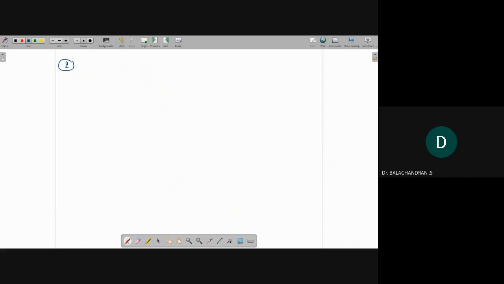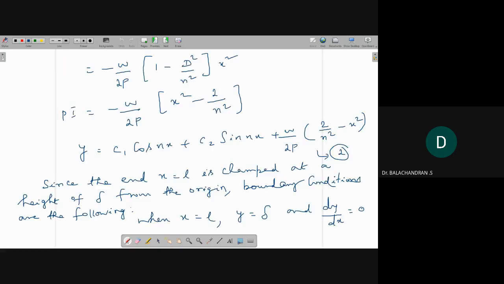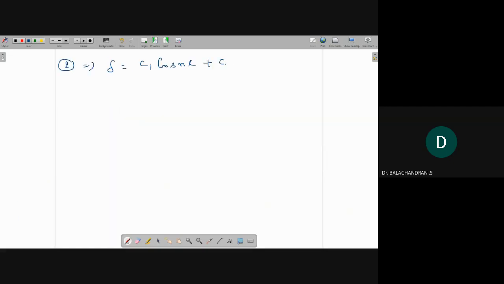So 2 implies delta equal to C1 into cos nL plus C2 into sin nL plus omega by 2p into (2 by n square minus L square).